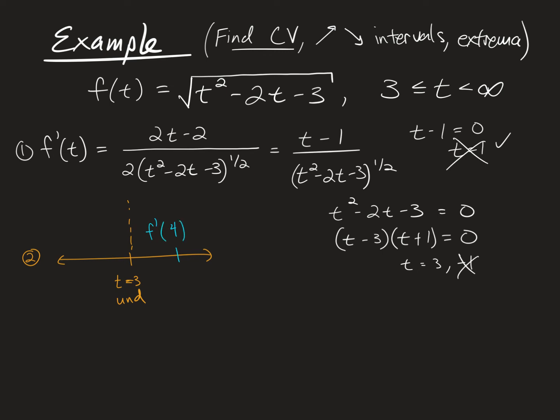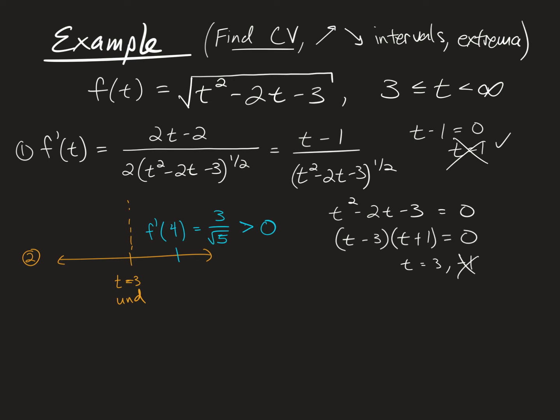Now you can use whichever version of f prime you want. You can use the unsimplified or the simplified version. I'm going to go ahead and use the simplified version to show that f prime of 4 equals 3 over root 5. Now I know in the last example I didn't write out what the derivative evaluated at a specific value was. Right? I didn't write this number. But if you find that it helps, I encourage you to do that because you can make the comparison a lot easier.